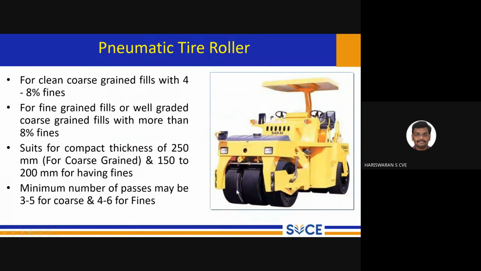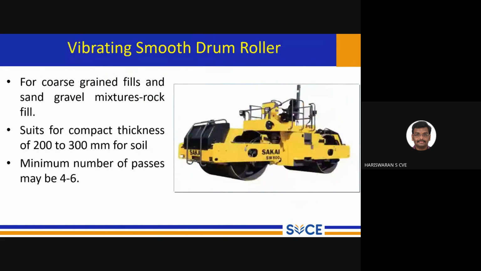This type of pneumatic tire roller is much recommended. The uniform distribution of pressure will help us to compact the soil well. It is recommended for compacting around 250 mm for coarse grain, and 150 to 200 mm for fine grain soils.